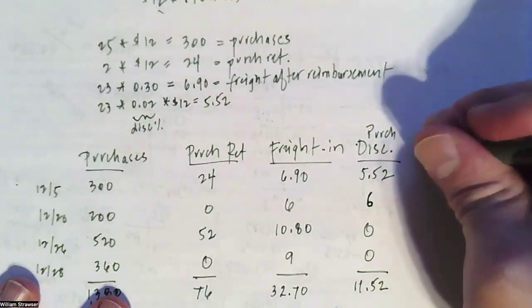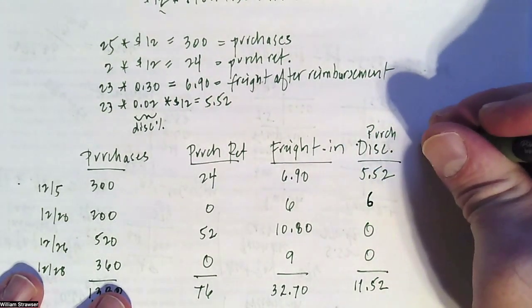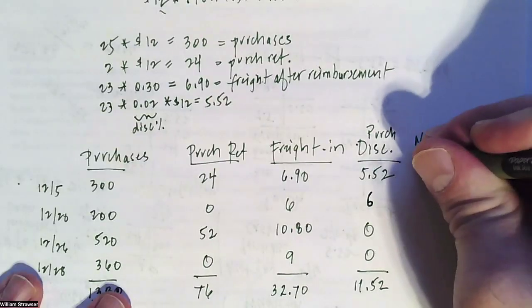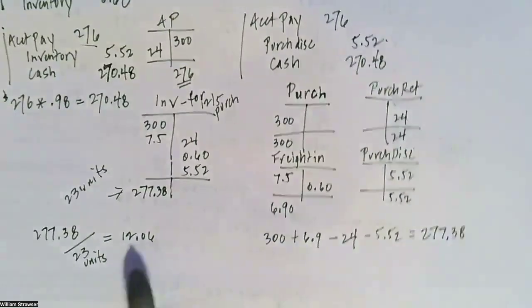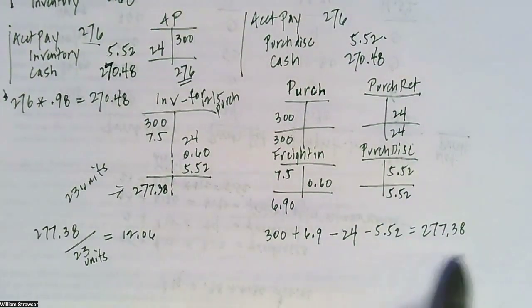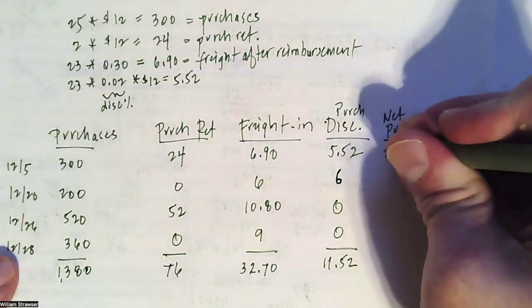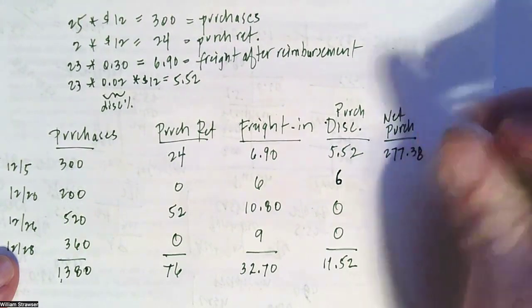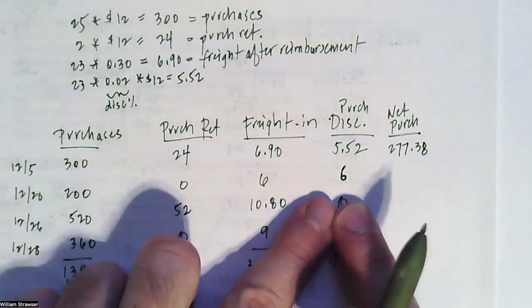Remember, we can get net purchases for each of these individually, for each purchase layer. And we said that the net purchases of that first row were 277.38, whichever way we did it. The net purchases on our second row would be 200 minus 0 plus 6 minus 6.